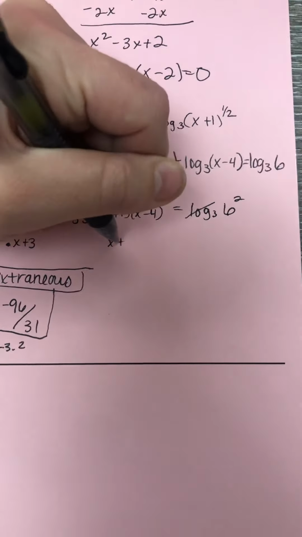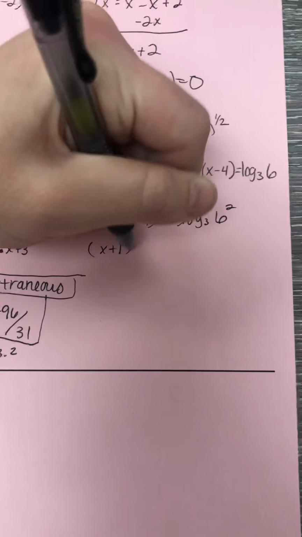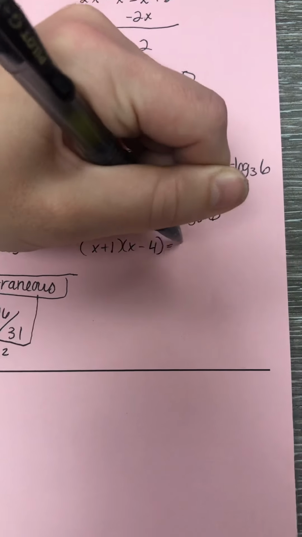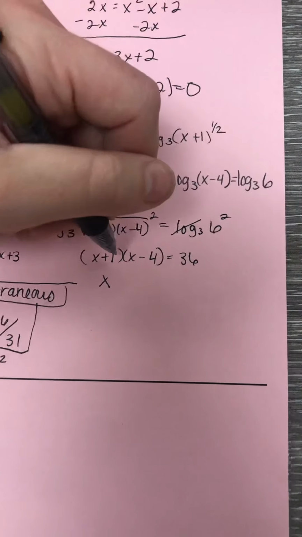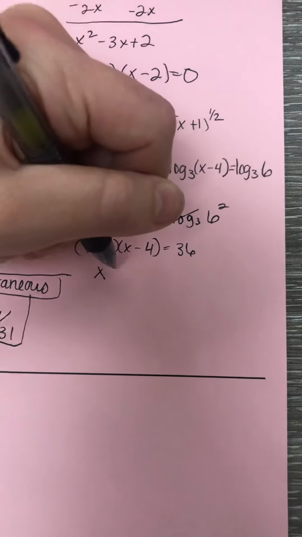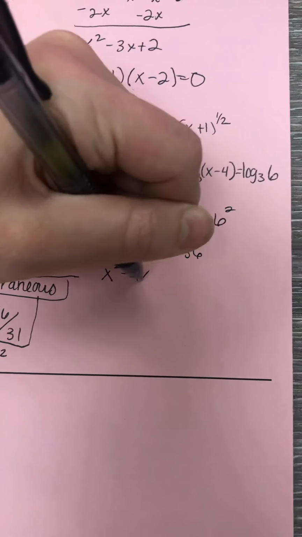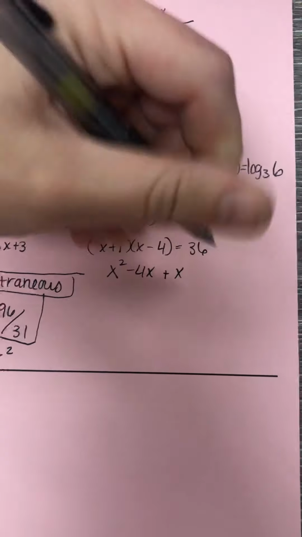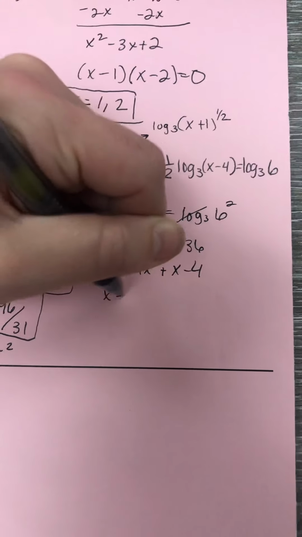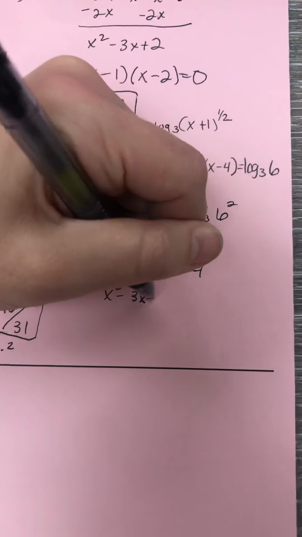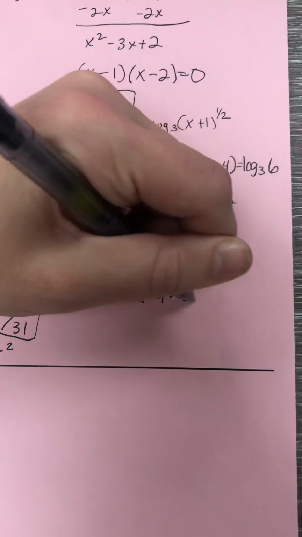So we have x plus 1 times x minus 4 is equal to 36, which produces x squared minus 4x plus x minus 4, which gives me x squared minus 3x minus 4 is equal to 36 still.